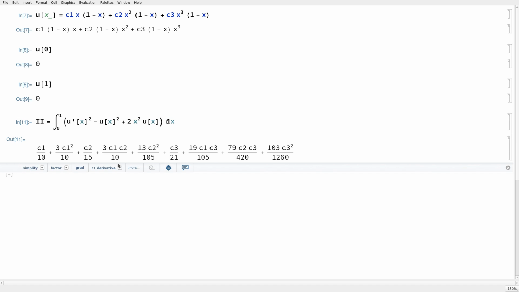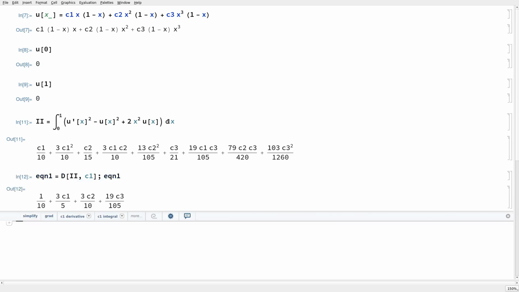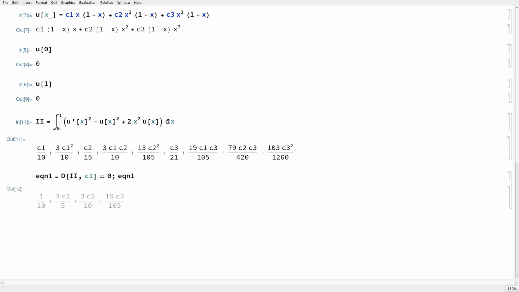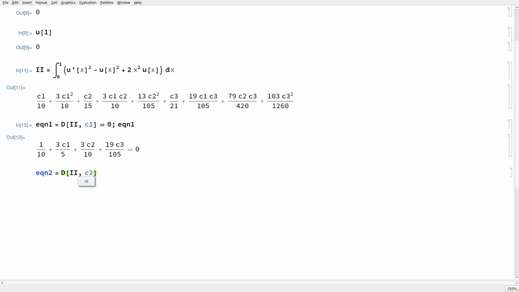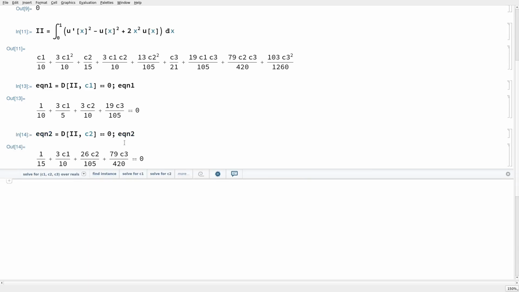Now, I just have a simple function in the unknown coefficients, right? So I can basically write down 3 equations. I'll take the derivative of II with respect to C1. That needs to be equal to 0. So there's one equation. The derivative of II with respect to C2. There's the second equation.